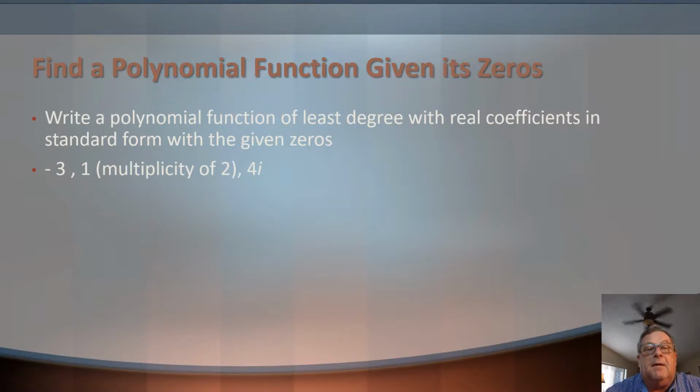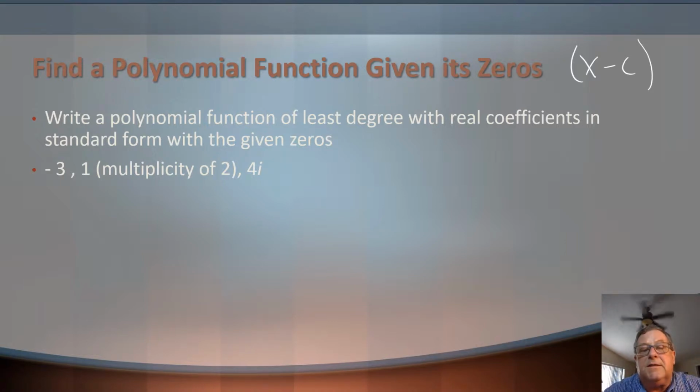Let me say that again. If a polynomial function is raised to a degree of n, then there are going to be n zeros, either real or imaginary. Second, the linear factorization theorem: if we are given zeros, we can write them as factors in this form, x minus c, where c is the zero.